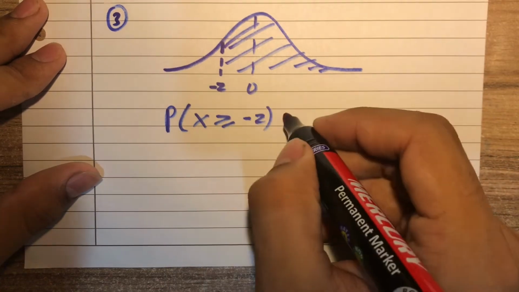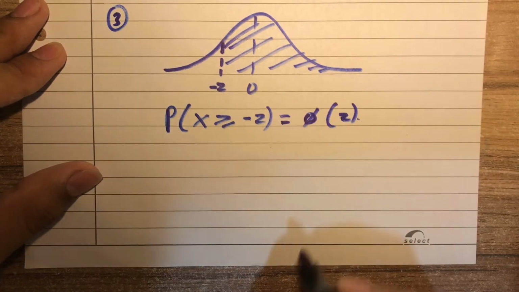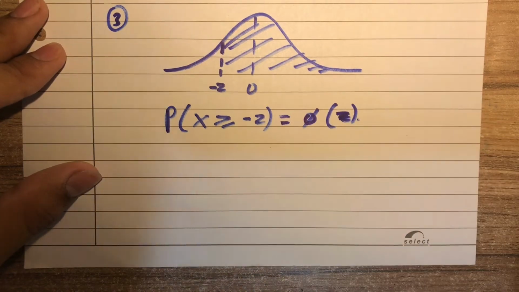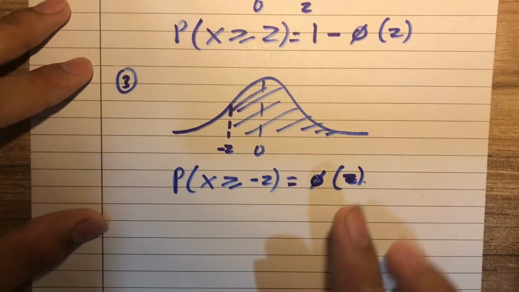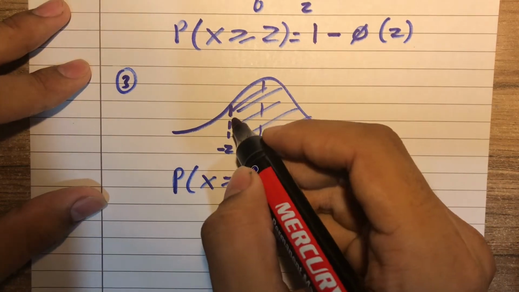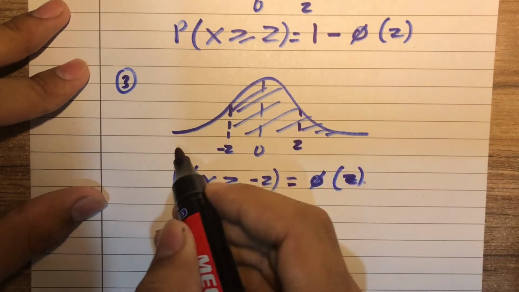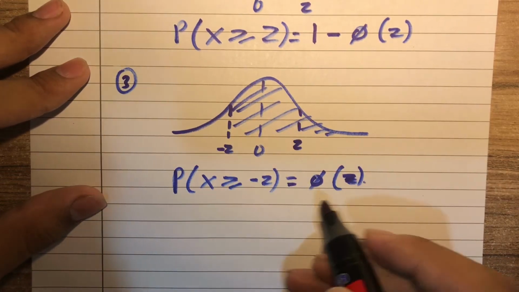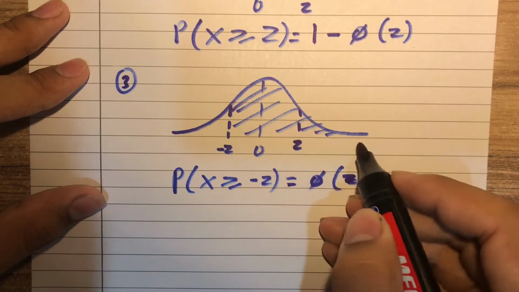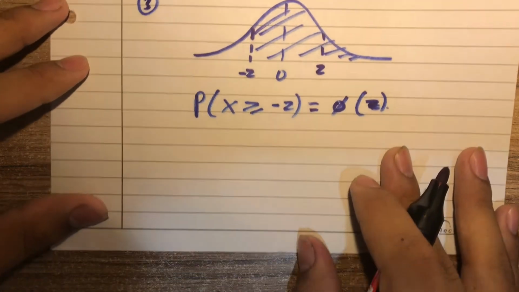So this is equal to phi of just positive z. So I'm repeating this because the normal distribution curve is symmetric. So if I had z over here, then this area that I could get from the table using phi z would be equal to this shaded area that is greater than or equal to negative z. This was the third case.